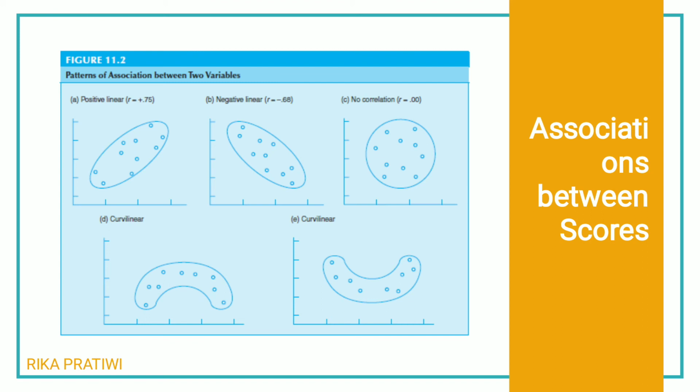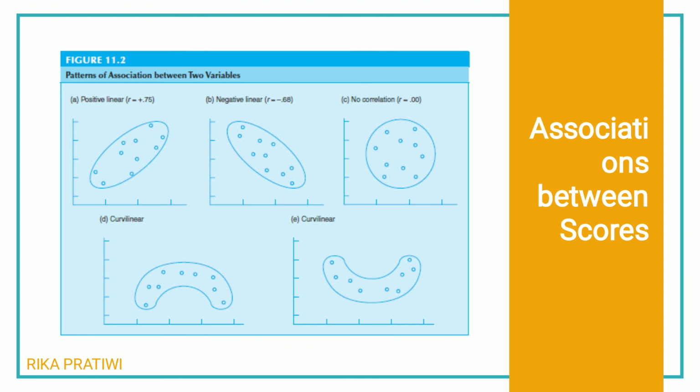Okay, positive linear relationship of scores is where low or high scores on one variable relate to low or high scores on a second variable. In our example, low scores on depression are associated with low scores on number of hours using the internet per week. That is the table A, positive linear.